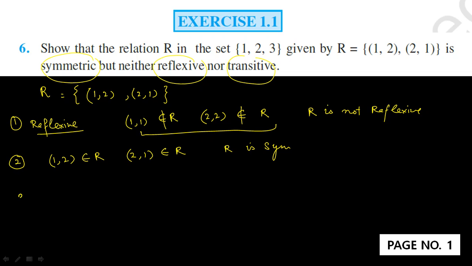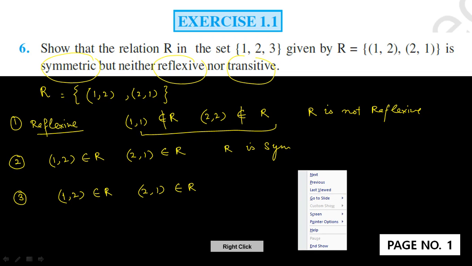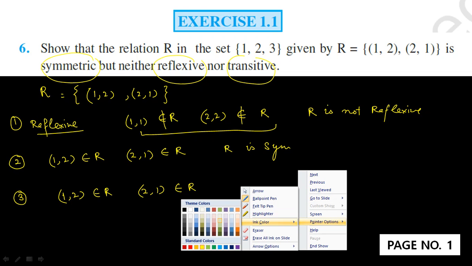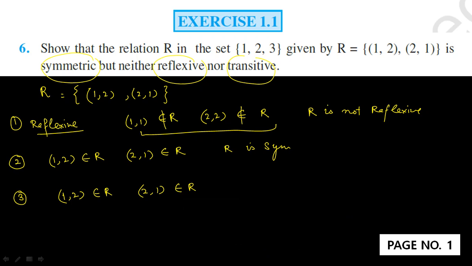Now what about the third condition? (1, 2) belongs to R, (2, 1) also belongs to R. Now the third requirement is that (1, 1) should belong to R. But (1, 1) doesn't belong to R. Inside this relation, (1, 1) is not there.